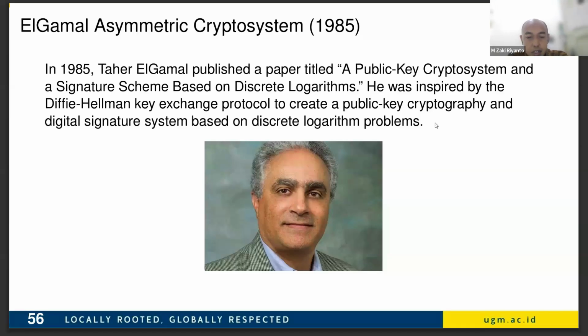Okay. After we discuss the RSA crypto system, now we discuss the algorithm of the public key crypto system, or asymmetric crypto system. In 1985, Taher ElGamal published a paper. The title is Public Key Crypto System and a Signature Scheme Based on Discrete Logarithm.